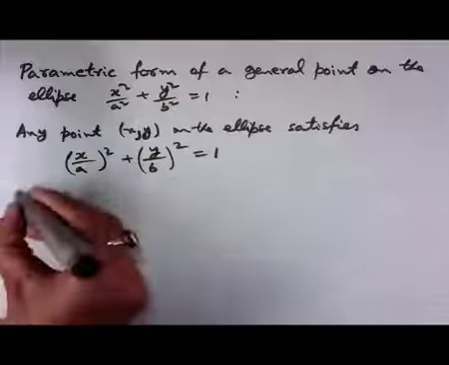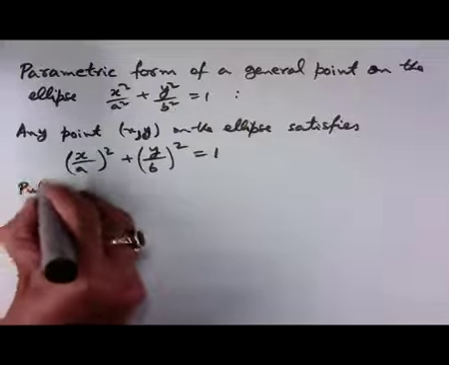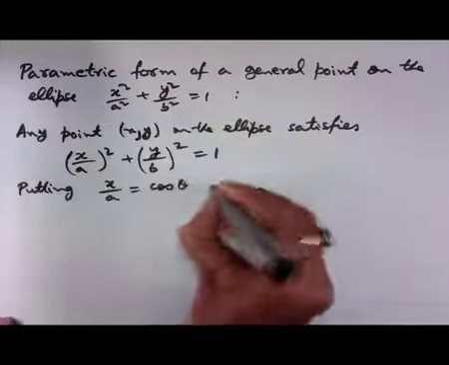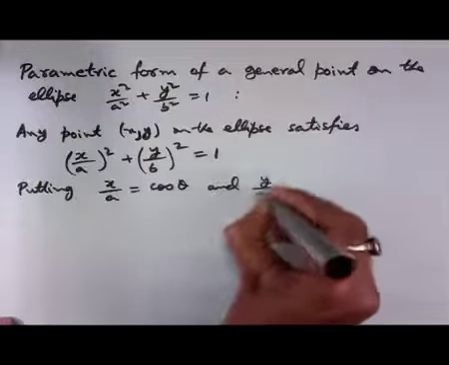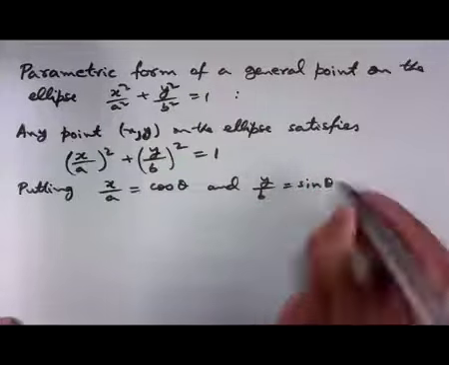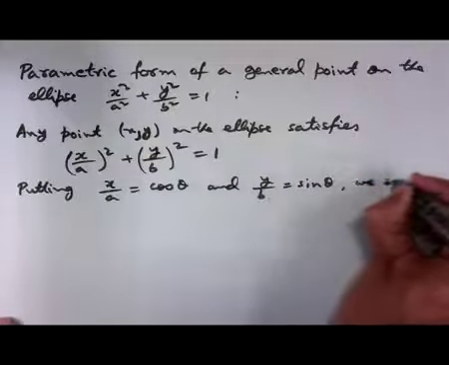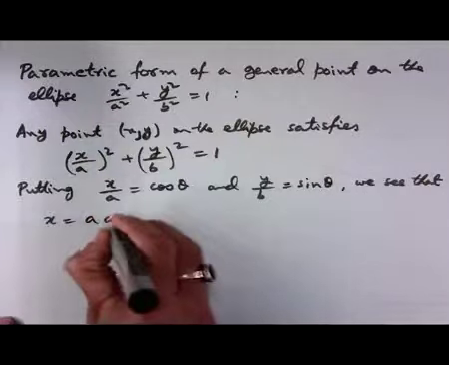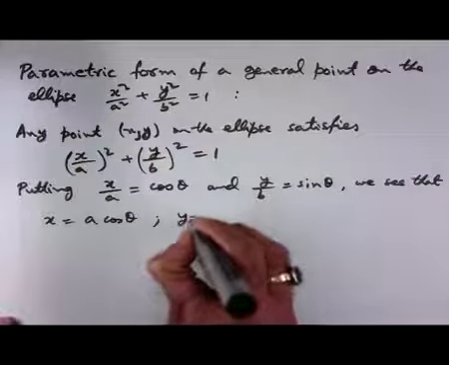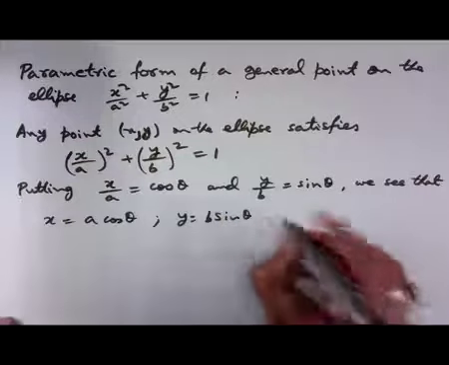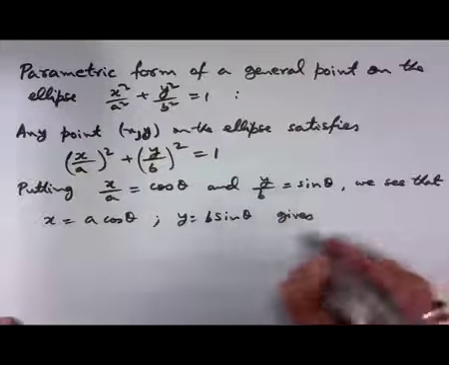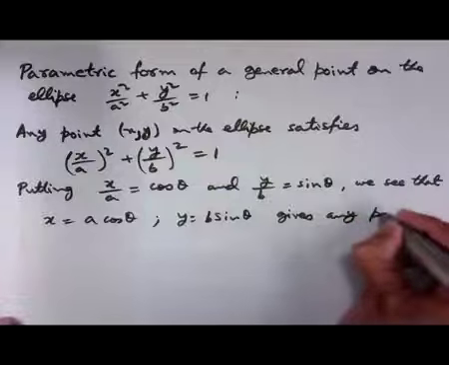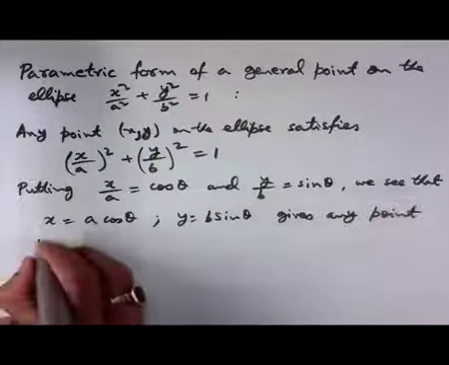So, putting x by a equal to cos theta and y by b equal to sin theta, we see that x equal to a cos theta, y equal to b sin theta gives any point on the ellipse.